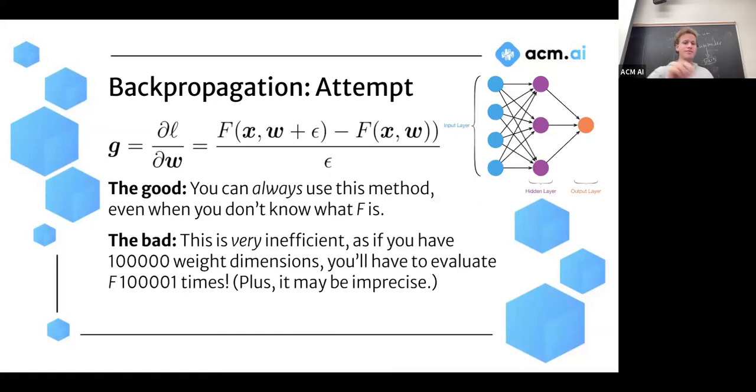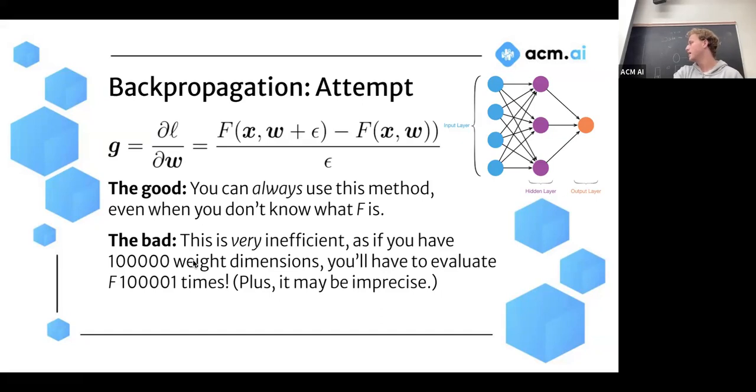The good is we can always use the method, even if we don't know what f is. Problem is it's extremely inefficient. Neural network computation is already expensive, and this is the absolute last thing we need. If we use this, you're going to have to evaluate f 100,001 times.